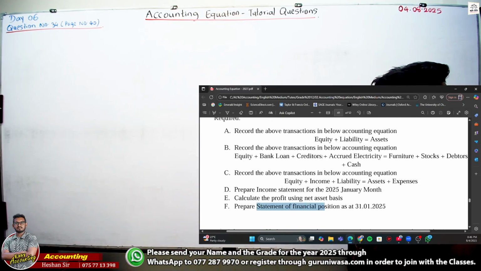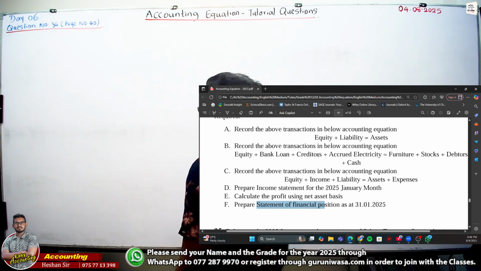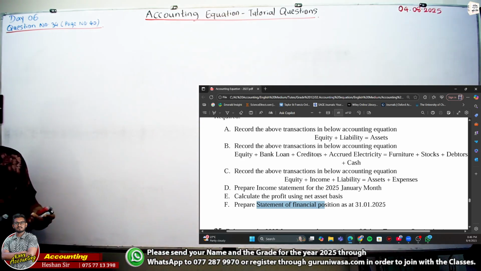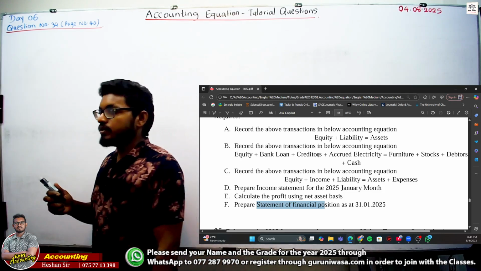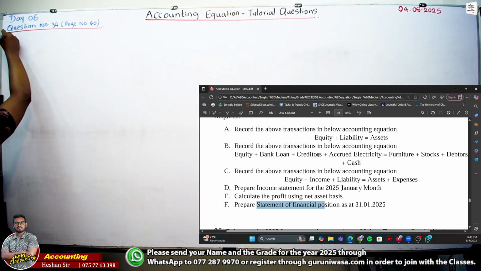Requirement number one: record the transactions in the below accounting equation. Use the same format as I gave, right? Assets equal equity plus liability. Don't change it.